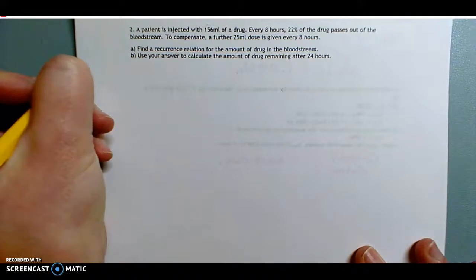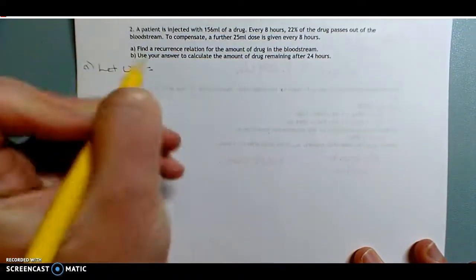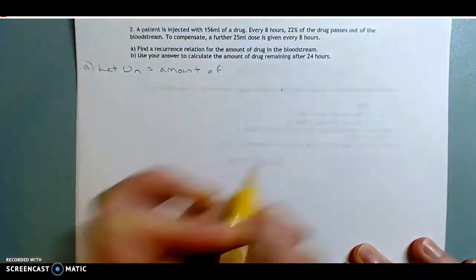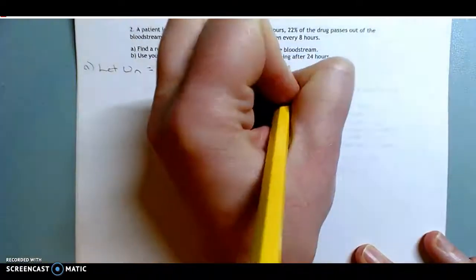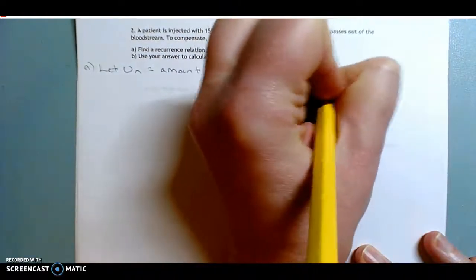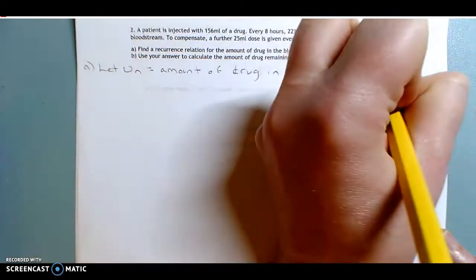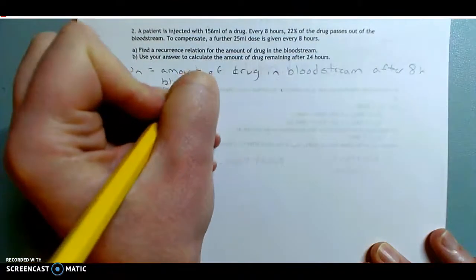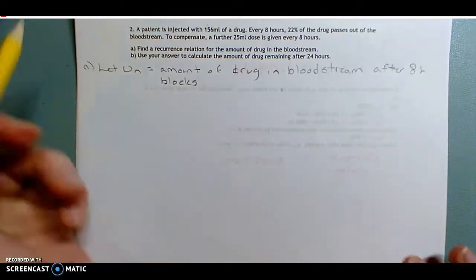Okay, so for part A, we're going to let U of n equal the amount of drug in the bloodstream, and again we want to put a time limit, so after 8-hour blocks. So let's think about this, just on the side up here.